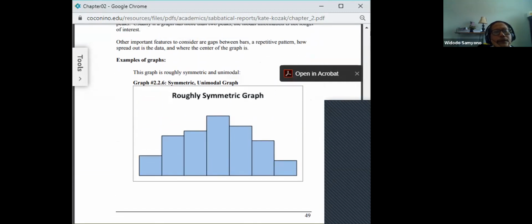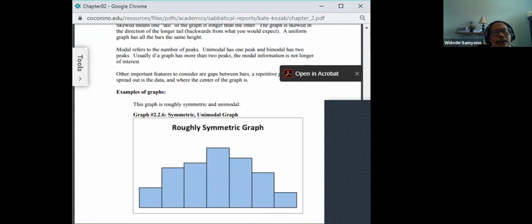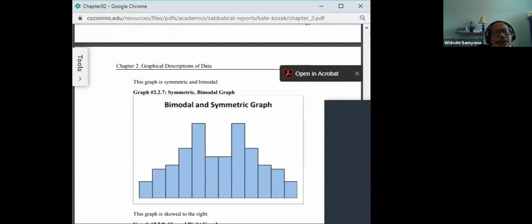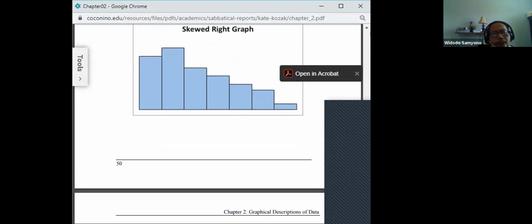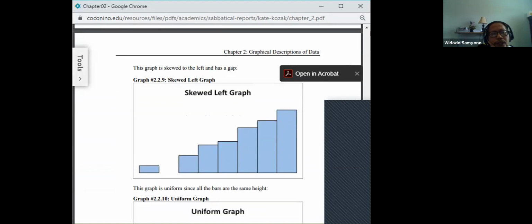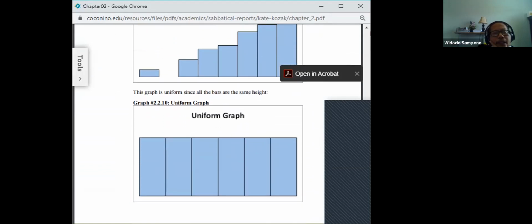So this is kind of symmetry or bell shape. And this one is bimodal because you have two arms over there. Okay. And if the tail goes to the right, we call it skewed right. If the tail goes to the left, we call it skewed left. If the part has the same height, the answer is a uniform curve.